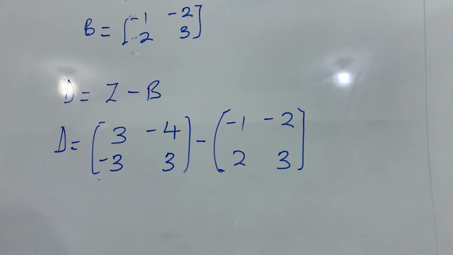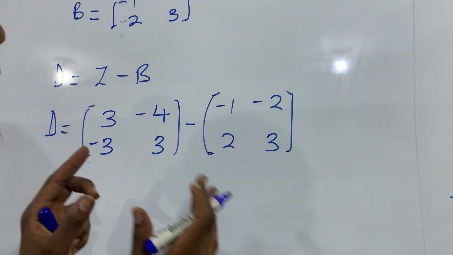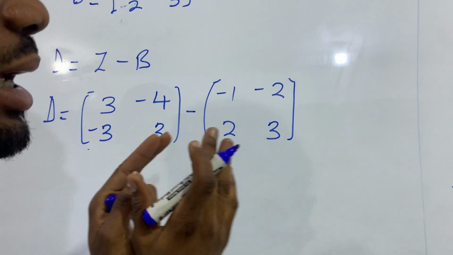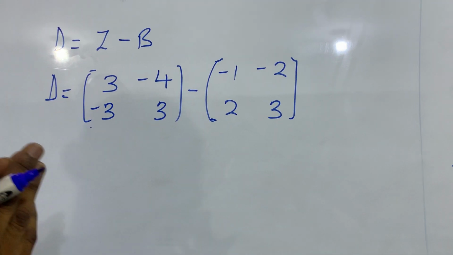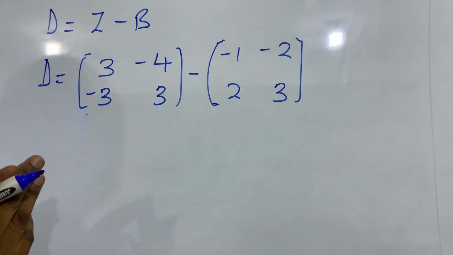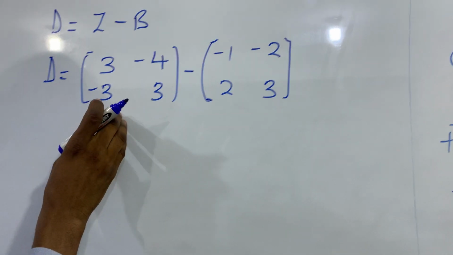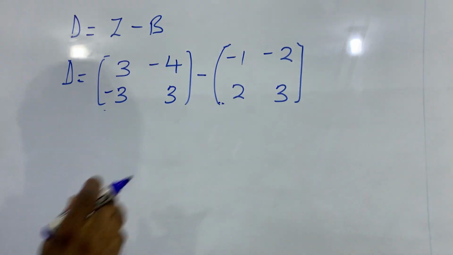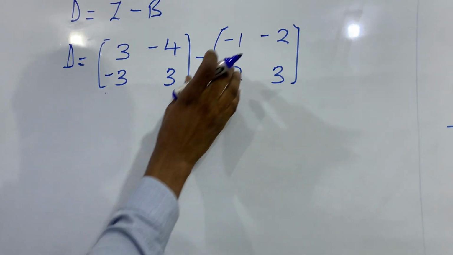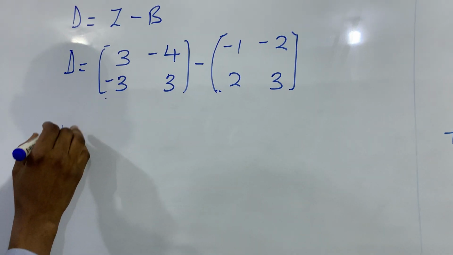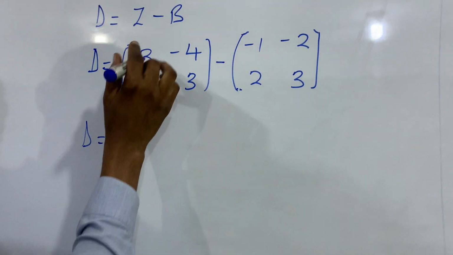So when you come to the minus, the minus and the addition are almost the same. The minus and the addition are always the same. You pick the row, subtract from what? The row. So to get D, you pick your first row.